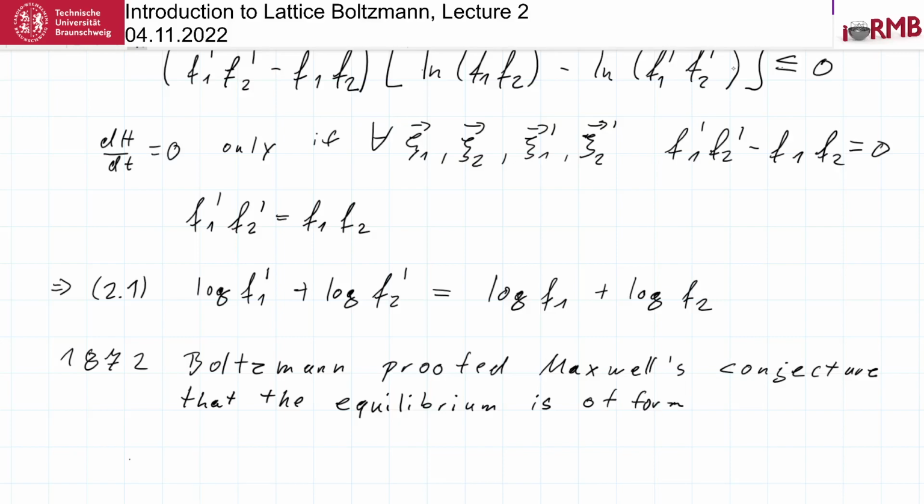...is of the form that the logarithm of f equilibrium can be expressed as A plus a vector B scalar product with xi plus C xi scalar product by itself.